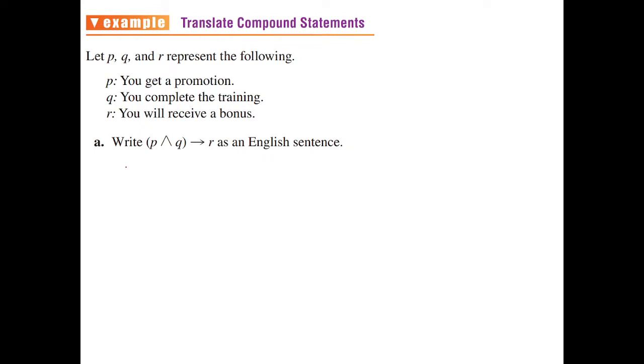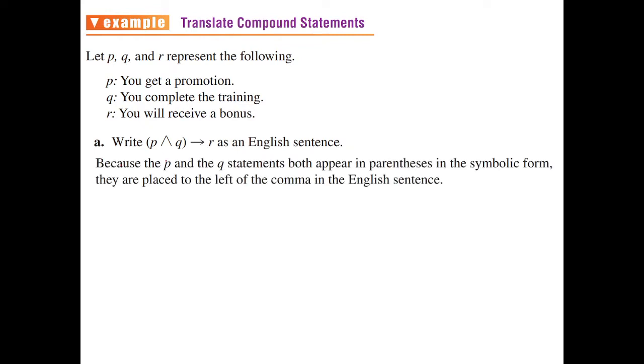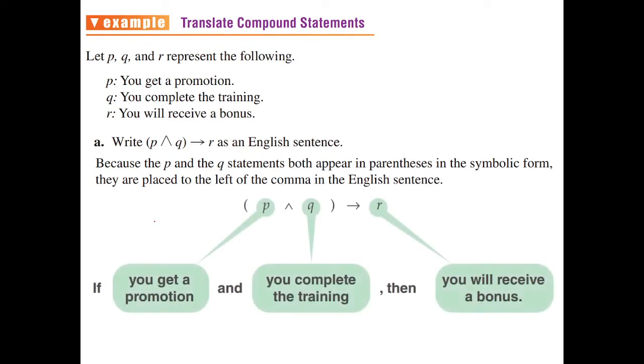Because P and Q are statements both appearing in the parentheses in the symbolic form, they are placed to the left of the comma in the English sentence. So therefore, P is you get a promotion.